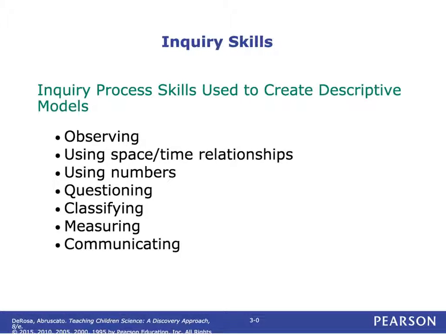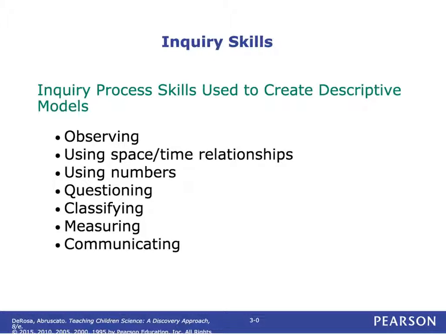And these skills line up to three different types of models. The inquiry skills line up very nicely with the descriptive model, the explanatory model, and the experimental model. And these three models are what we know as the phases of the progression of inquiry.